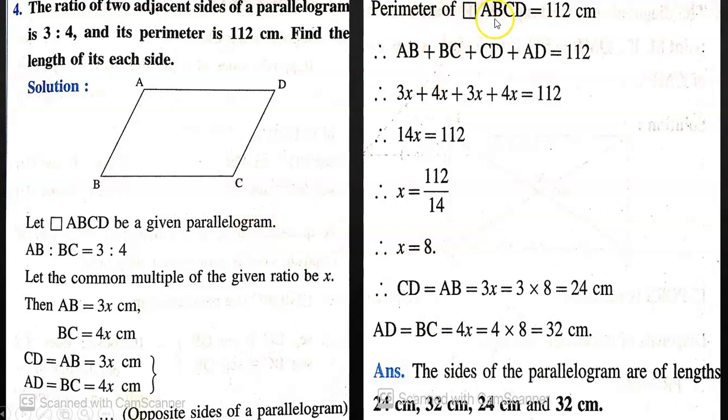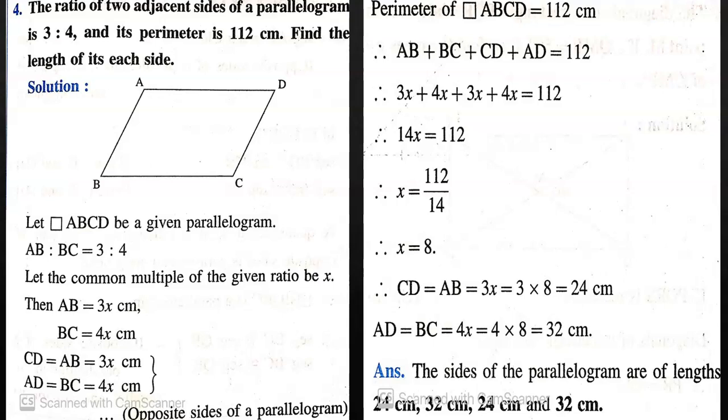Now perimeter of quadrilateral ABCD will be sum of all four sides. I have AB plus BC plus CD plus AD and I know the value which is 112. And these also I know. So let's substitute: 3x plus 4x plus 3x plus 4x is equal to 112. When I add all these, I get 14x is equal to 112.